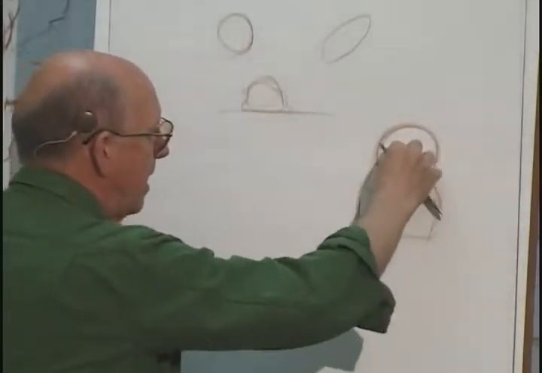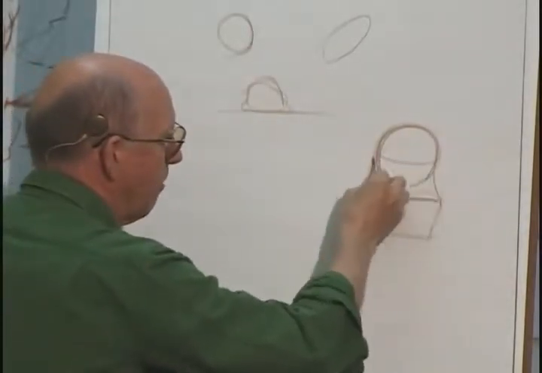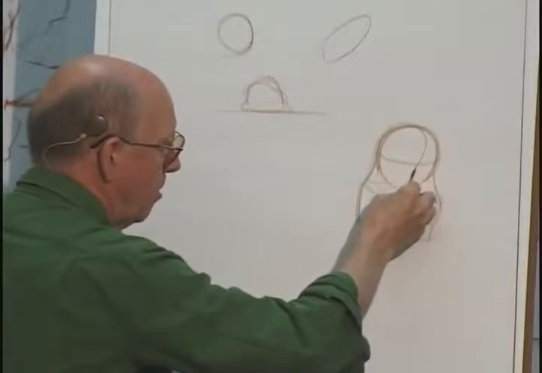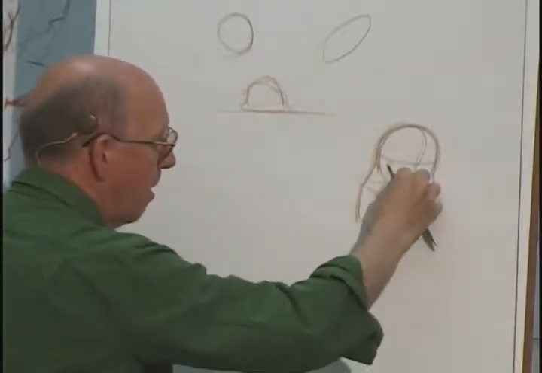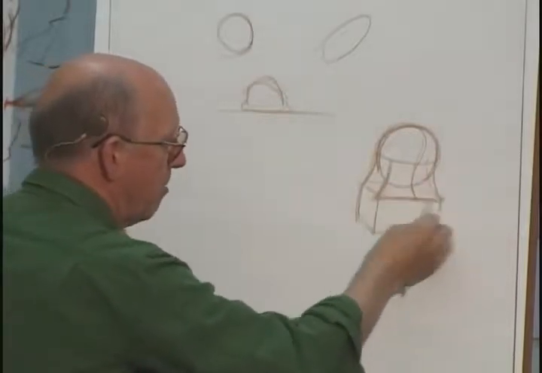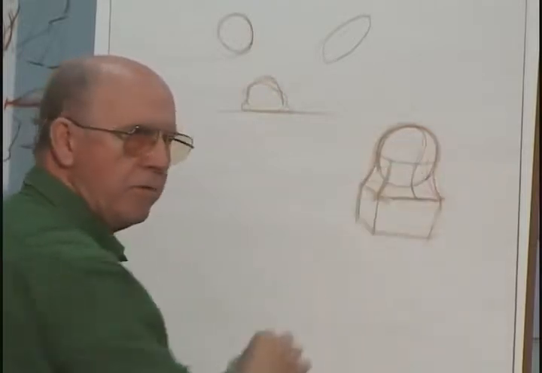But these can be any abstract forms. We have to visualize this thing as being round and sense how the forms are being created by this material that's over them.